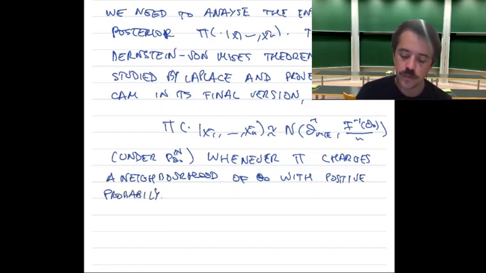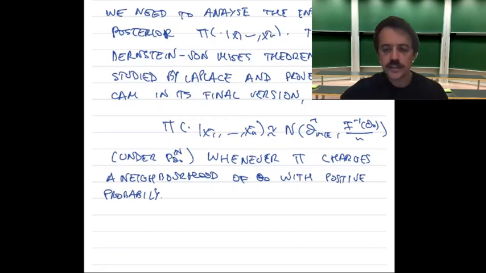So what does that mean? It just means that it is sufficient that the prior doesn't forget about theta naught for the posterior to get this asymptotic behavior. So what is this asymptotic behavior?